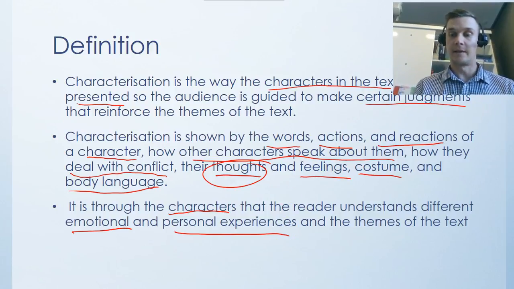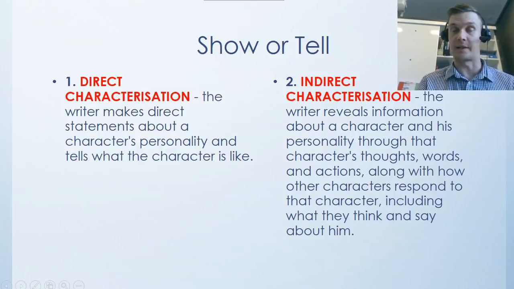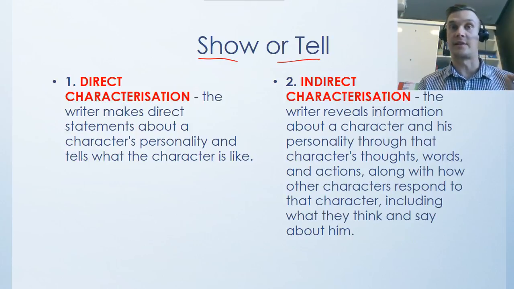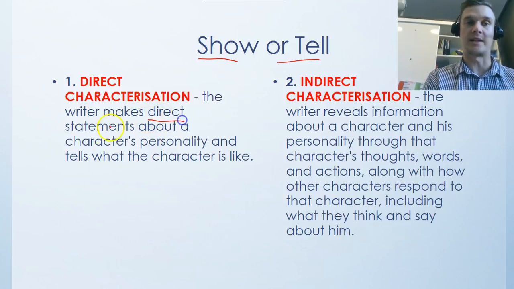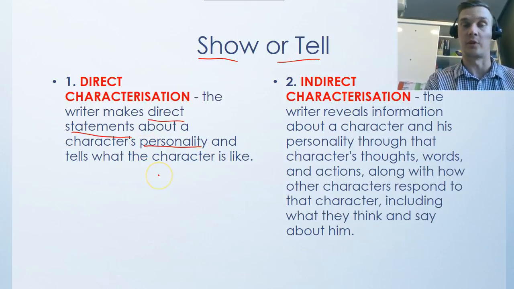We get an understanding of how that is with Ned Kelly. So there are two types of characterization, and I'll get you to write this down. Again, we are always reminded by the show or tell philosophy, or implied and literal meaning. The first one is the simplest way that we know with characterization. It's called direct characterization, and the writer makes a direct statement about a character's personality and tells us what the character's like.